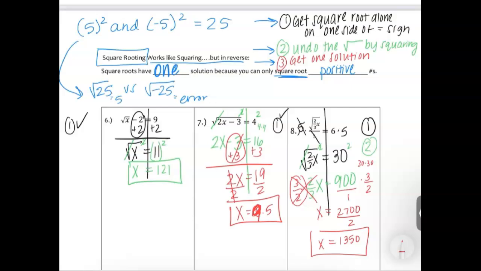And so when we do that to the other side, remember you multiply straight across, you get 2700 over 2, and if it's not in a fraction, you can put it over 1. You could have left it as a fraction, or you could have divided it out because it was a friendly number.